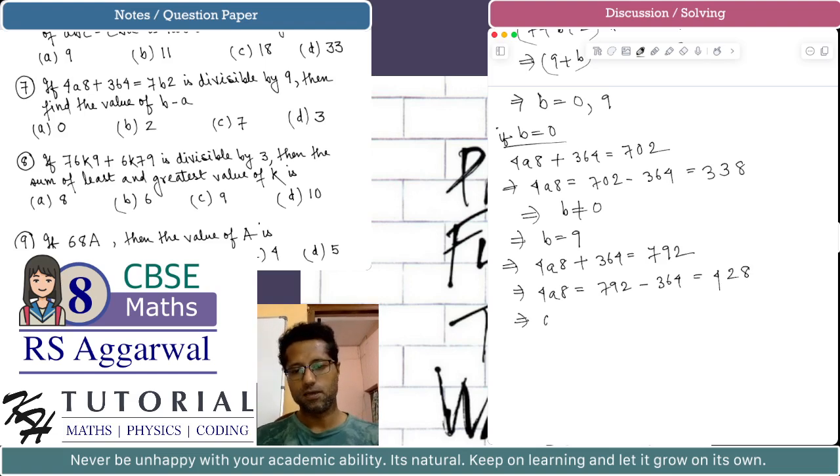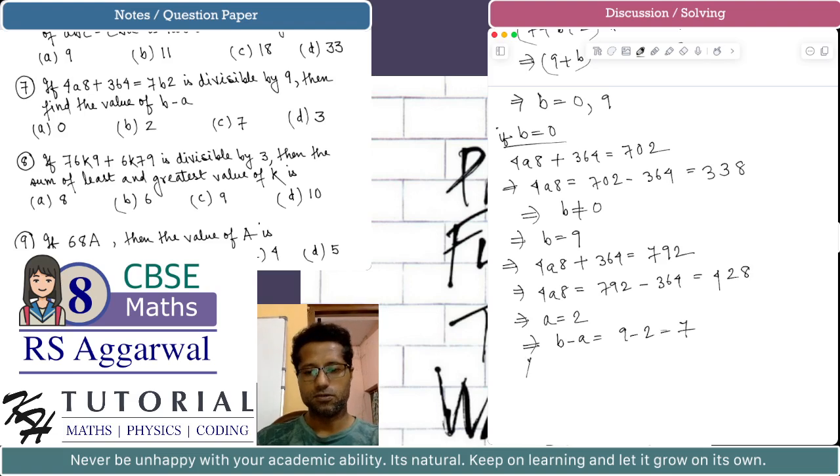This implies a is equal to 2. So we have the solution a equals 2 and b equals 9. We have to find the value of b minus a. So b minus a is equal to 9 minus 2, which is equal to 7. So the correct choice is C.